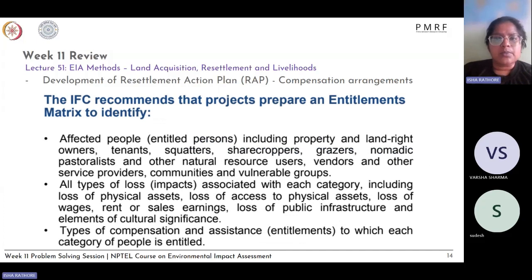Then we looked at the compensation arrangements in the resettlement action plan. The International Finance Corporation, or the IFC, recommends that projects prepare an entitlements matrix to identify, one, the affected people.